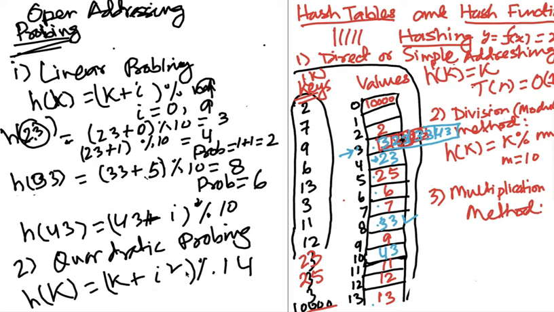In that case, you will jump from one place, and there is a scope that you will get another value available over here. In this way, you can check for all of the key values for the appropriate position in the value table. But one more thing is that even by using linear or quadratic probing, it may happen that for some key values you may not get any available position.